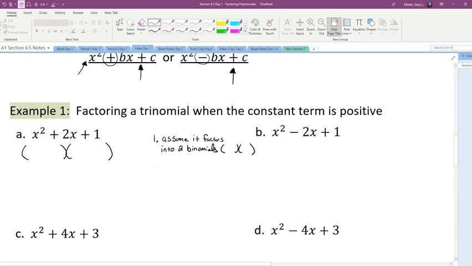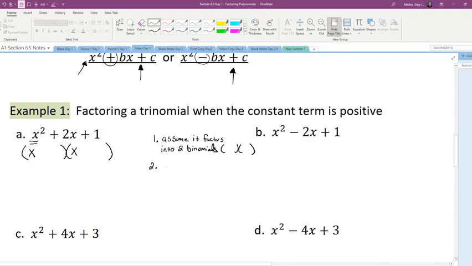Step two. Hopefully we recognize that in doing the FOIL method, so let me back up. While we're doing factoring, always keep FOIL in the back of your mind, because whatever we place in these parentheses, when we FOIL it back together, should be what we started with. So the only way to have this x squared right here and to make the rest of this work is to have an x and an x in the front too.